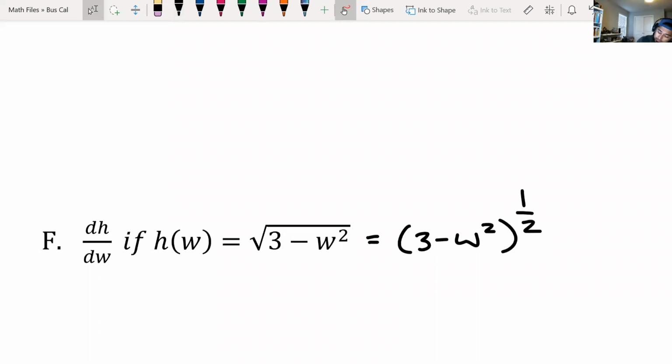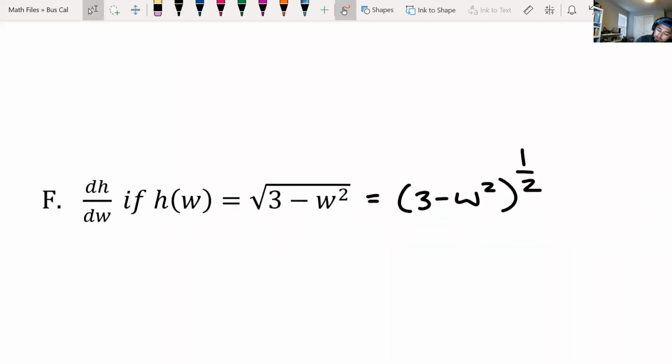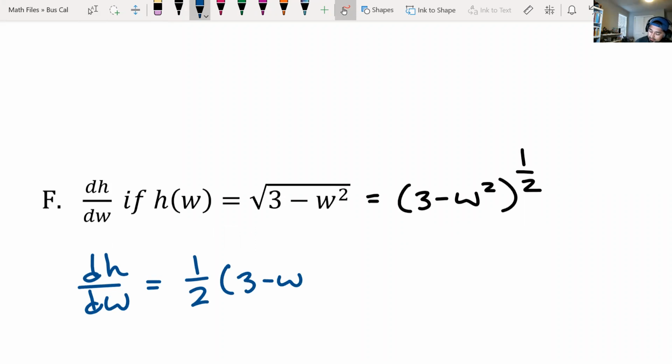There we go. And then we'll say dH dw, the derivative. That 1/2 is coming down. The inside stays the same. You take 1 away, we get negative 1/2.